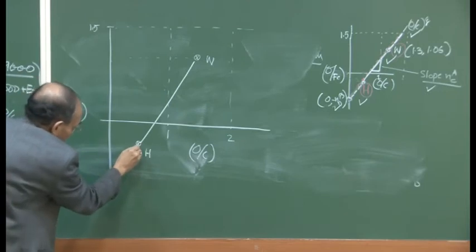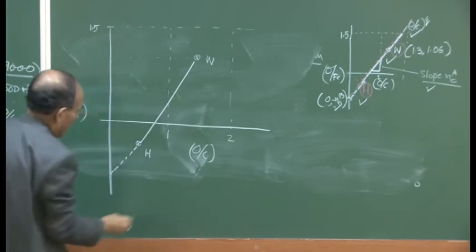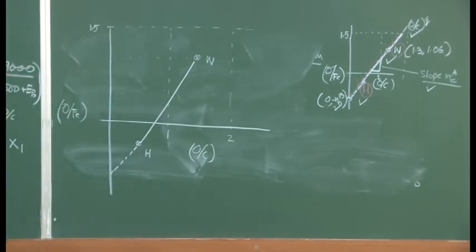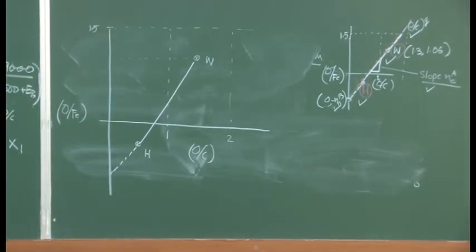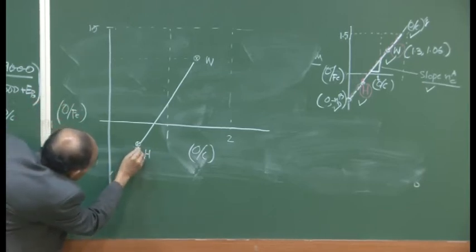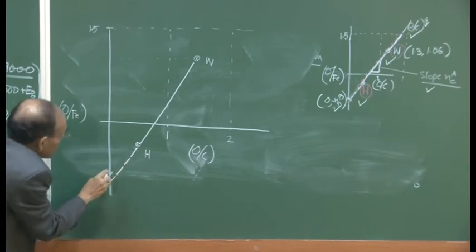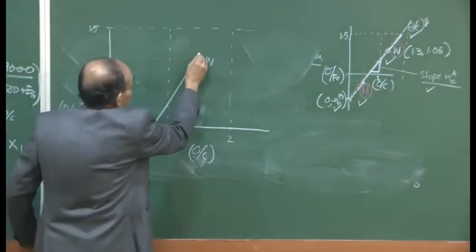Now, we have extended this line to get the value of the intercepts. I think I should improve on the drawing a little bit, so that you know that it is an extension. Yes, that is better, and then we have extended it.